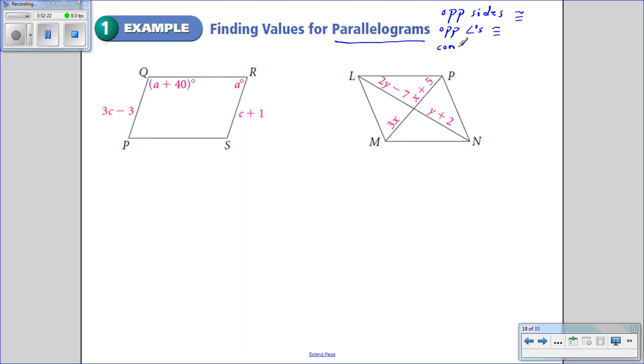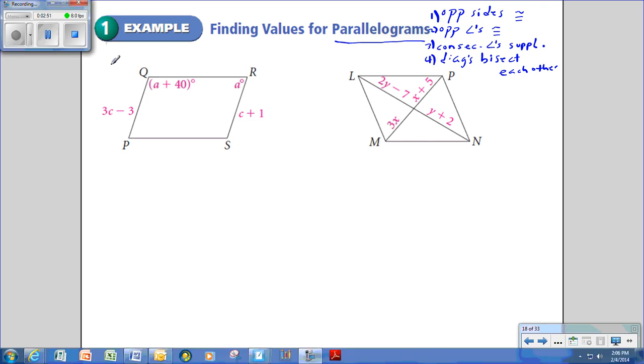Consecutive angles are supplementary, which means they add up to 180. And the diagonals bisect each other. So we're looking for one of these four things to take place in these diagrams.